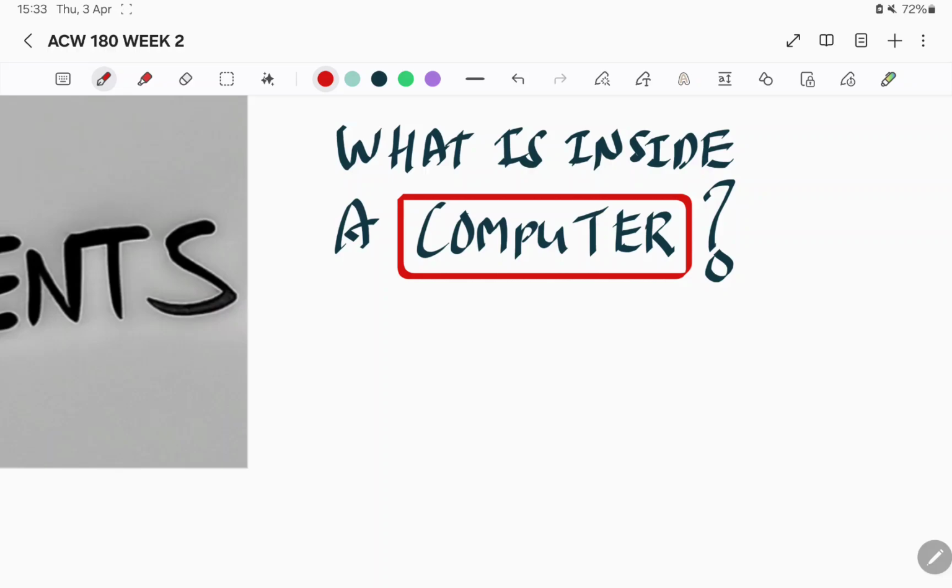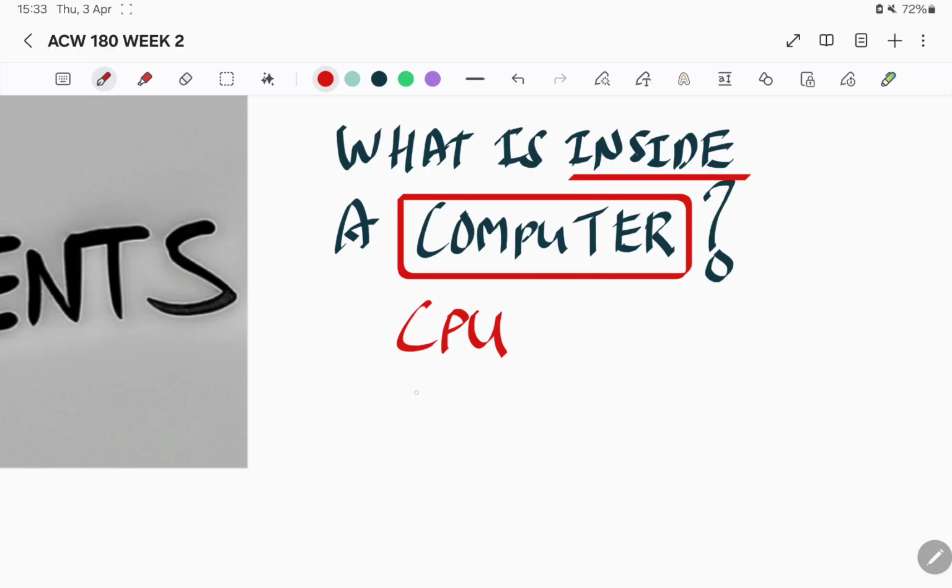So an introduction to what is inside a computer. We find the CPU, the central processing unit, the brain of the computer.